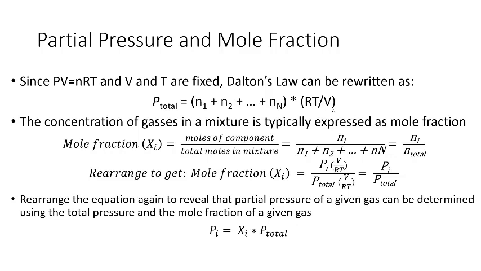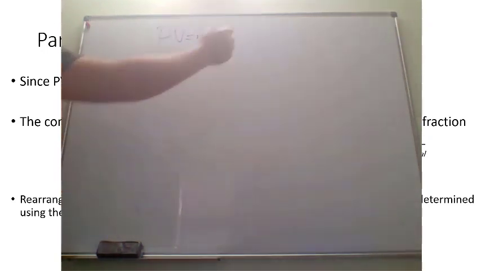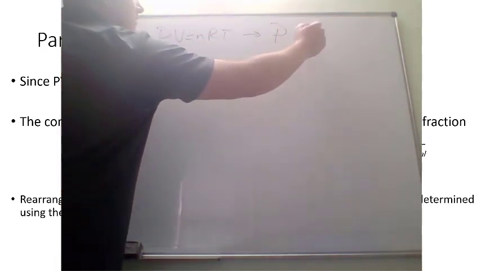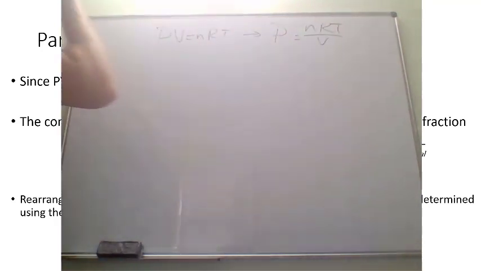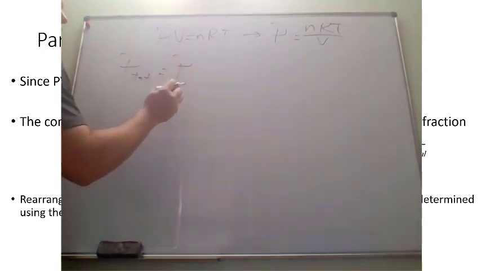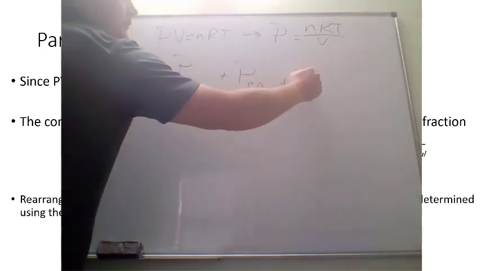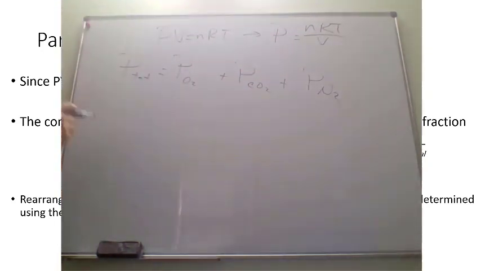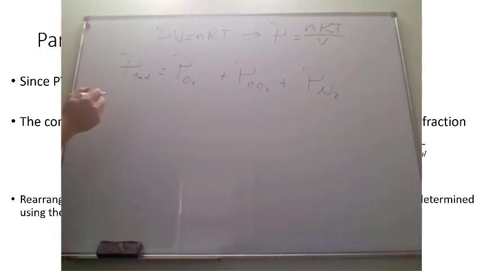Okay, so let's think about this for a second to make sure that this makes sense. If we know that PV equals nRT, and we rearrange and solve for P, then P is equal to nRT over V. So if P total is the pressure of, say, a mixture of O2 gas plus CO2 gas plus N2 gas, we can rewrite this equation using the ideal gas law for each of these individual components.